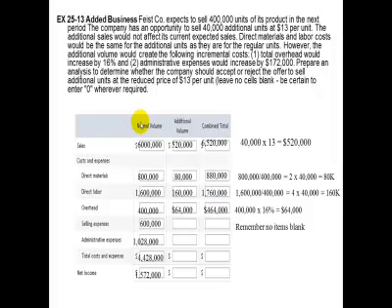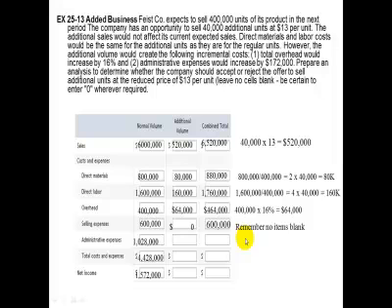It said that selling expenses, let's see here, the additional volume didn't say anything about selling expenses increasing. So if they don't increase, they're going to stay the same, and if you can't leave items blank, then you have to put a 0 in here, and that makes our combined selling expenses the same before and after, $600,000.